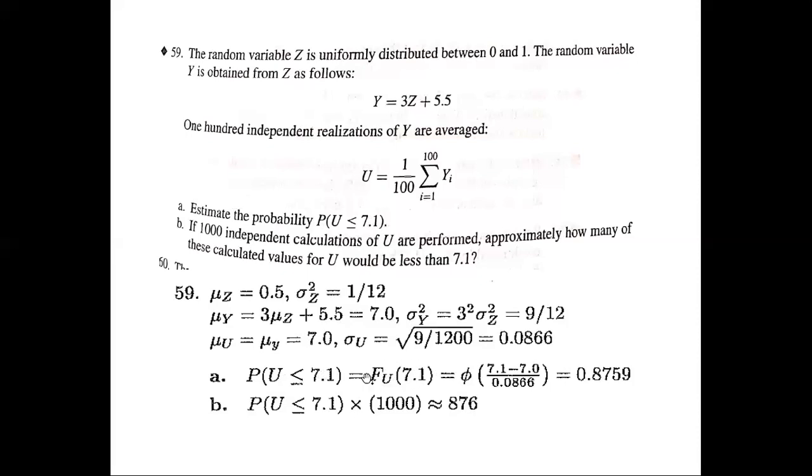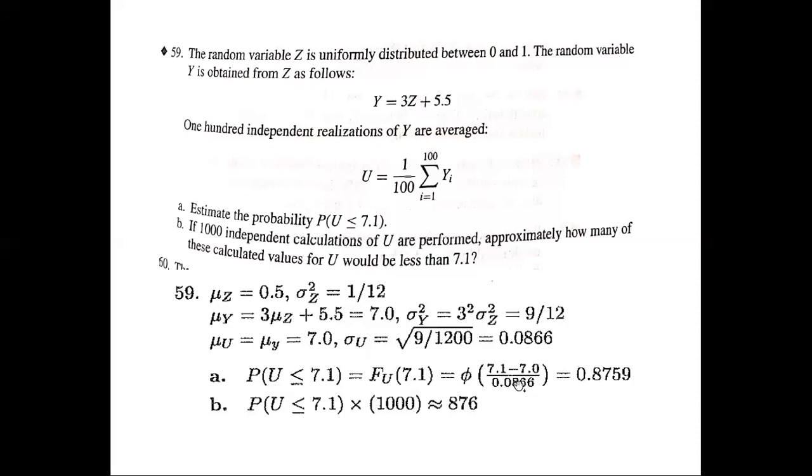This cumulative distribution function at 7.1 can be written using the characteristic function, which is written as 7.1 minus the mean mu u divided by the, no, it's not the variance, rather it is the standard deviation. That is why sigma u is written over here.